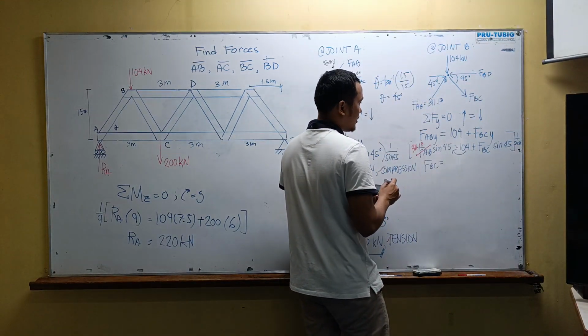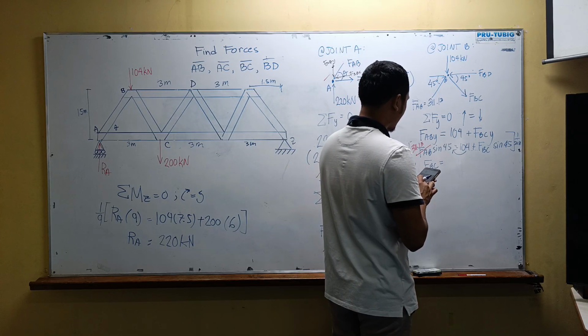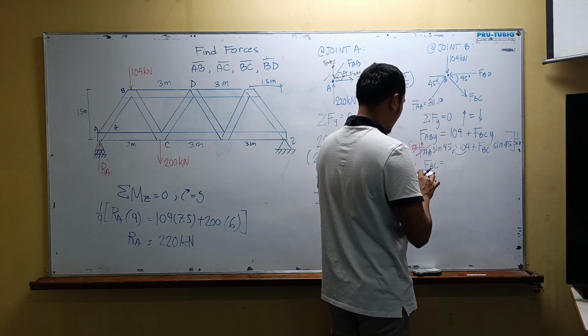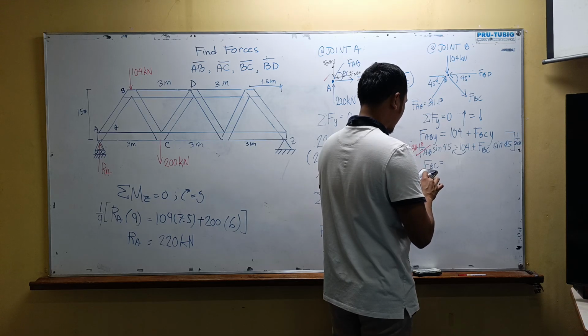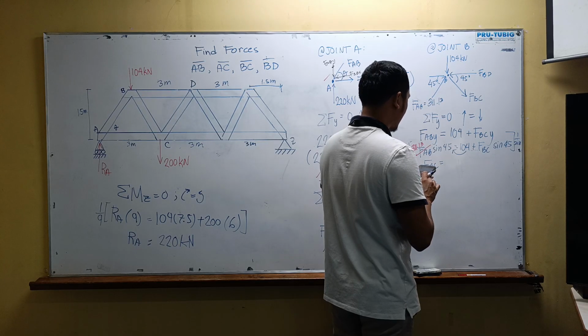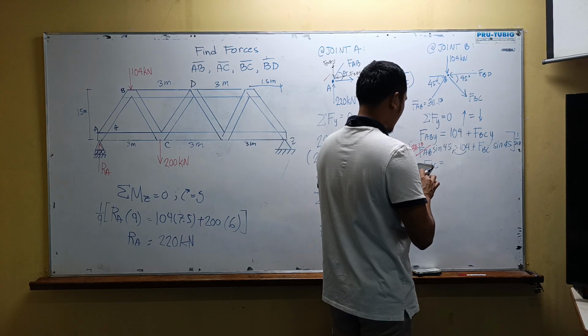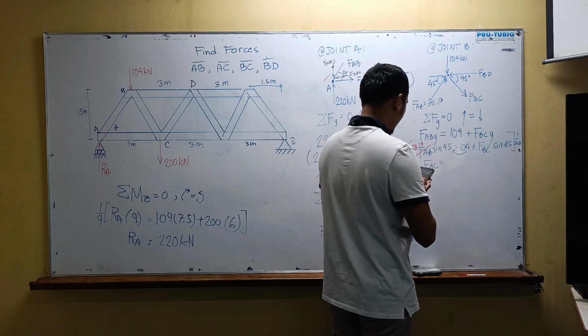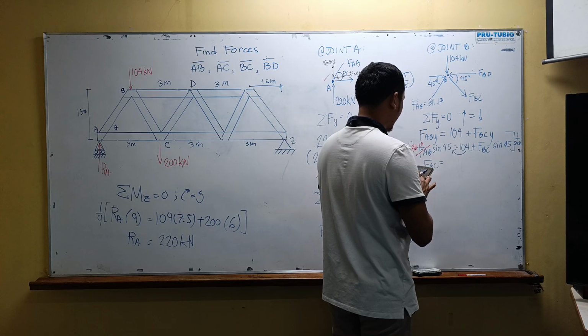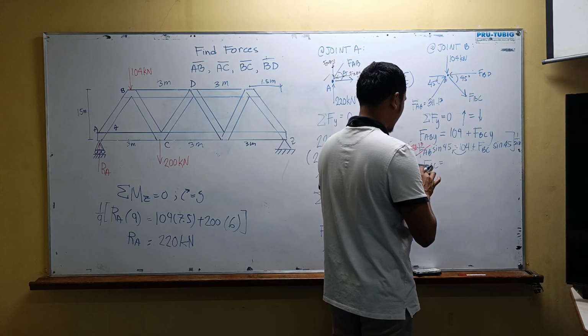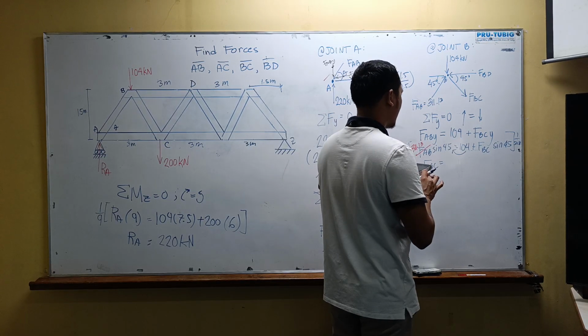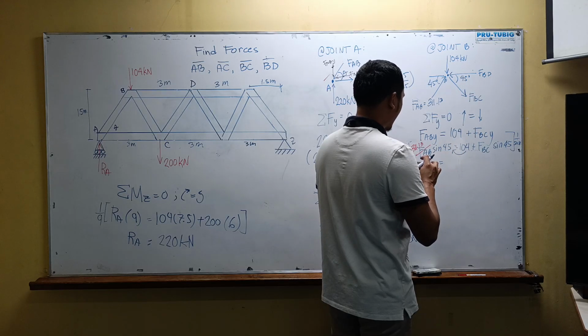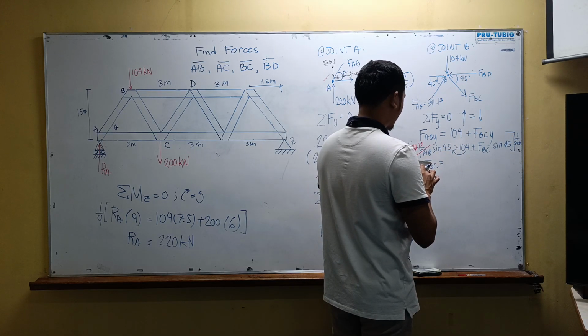So FBC, then you get 311.13 sine 45 minus 104, and then divided by sine 45.